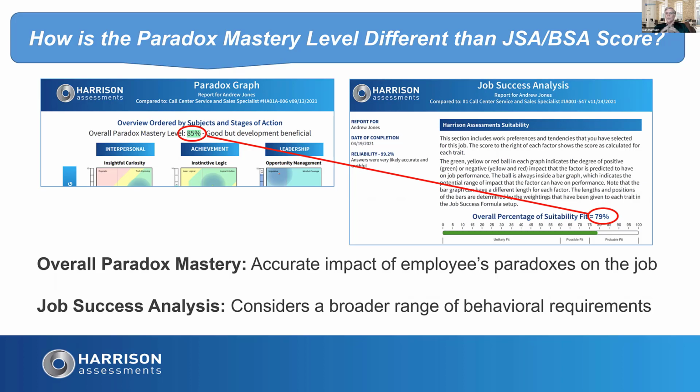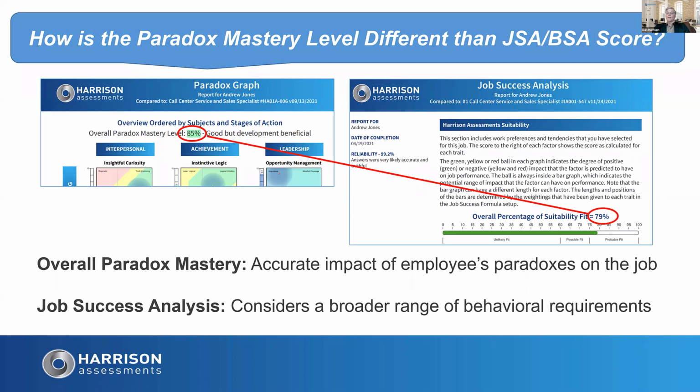It focuses only on the paradoxes, not on all the traits related to the job, but it does a really in-depth job of doing that. So you get a very deep dive into the paradoxes related to the job. It's much more sophisticated than the calculations we have related to the job success analysis.